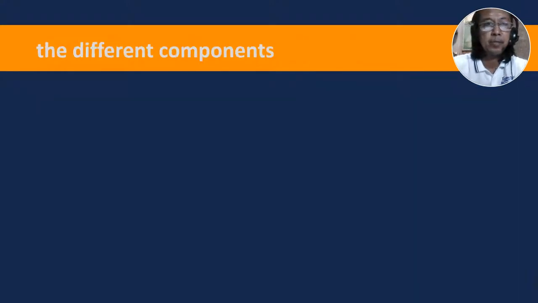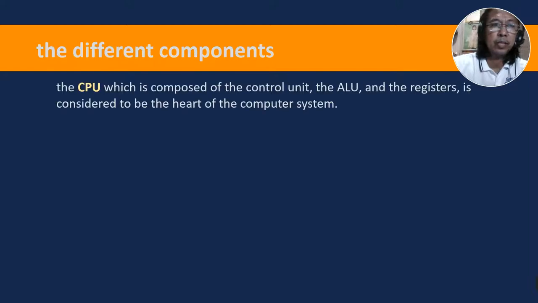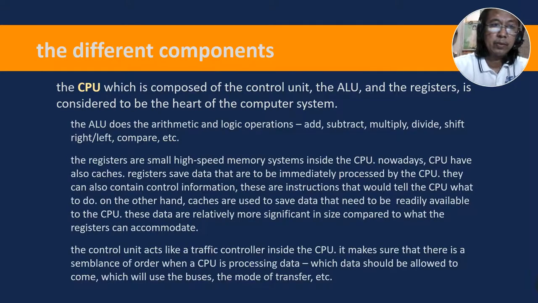Okay, continue. So for the different components, the CPU is one of the components. It's composed of the ALU, the control unit, and the registers. And the CPU is considered to be the heart of the computer system. So the ALU does the arithmetic and logic operations.